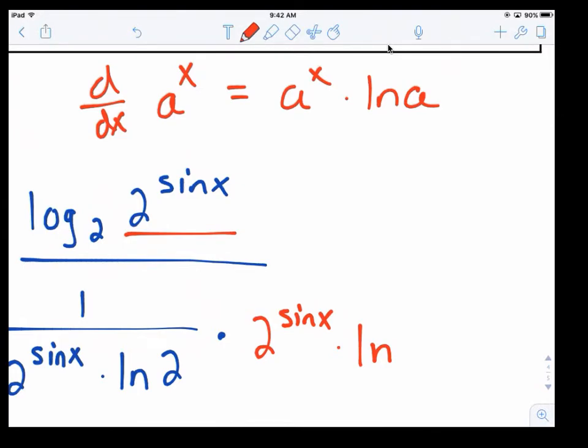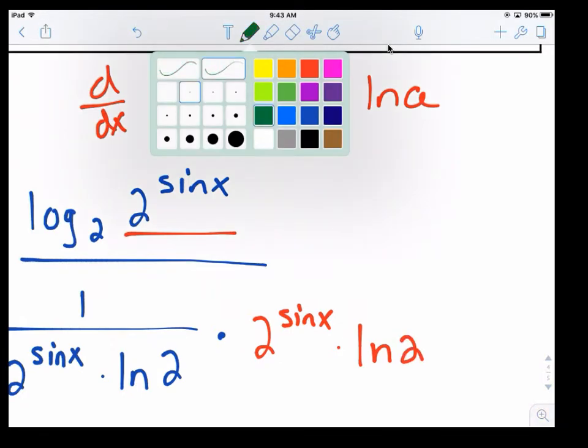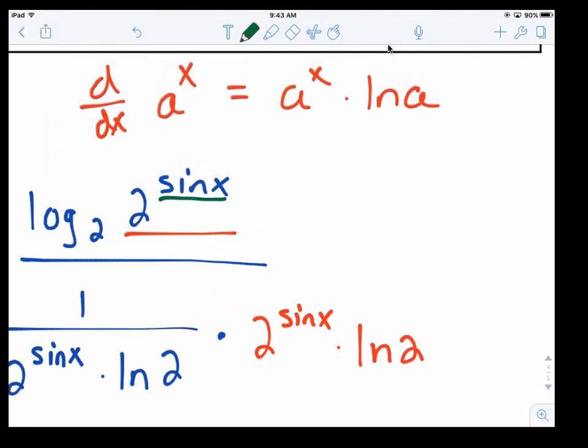So if I'm taking the derivative of just 2 to the sine of x, its derivative would be 2 to the sine of x times ln of the base, which would be 2, times the derivative of the exponent, which is what? Right, good.